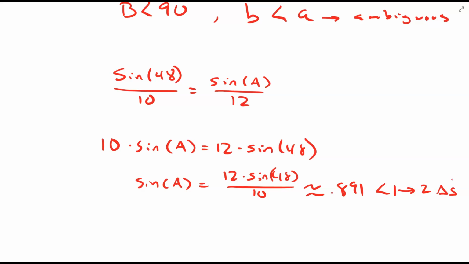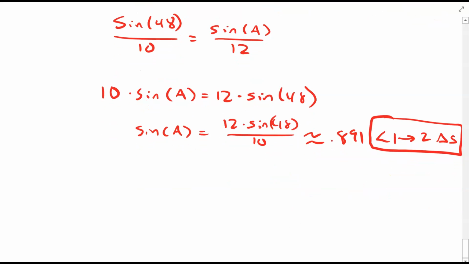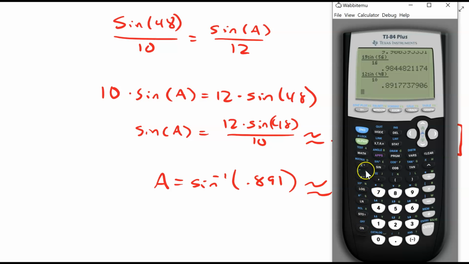Okay. So let's find the values for those. Next thing I'm going to do is take the sine inverse of both sides to find the value for angle A. When I do that, I get 63.1.